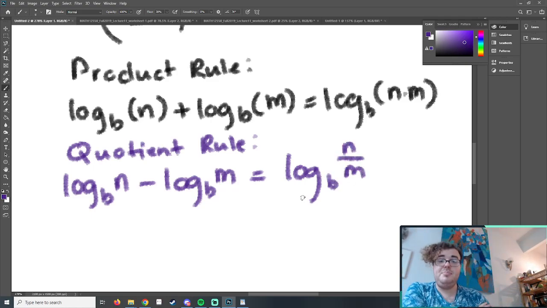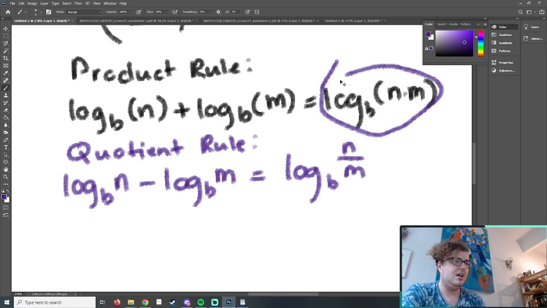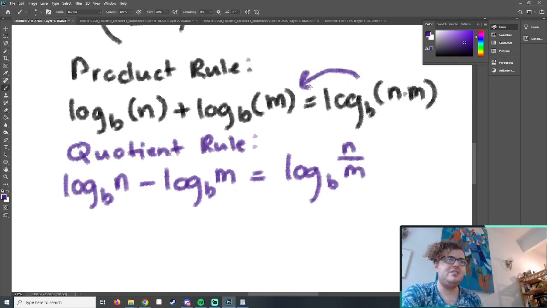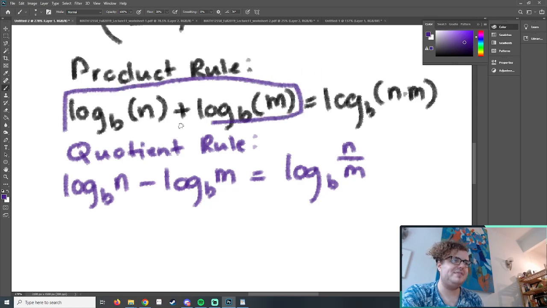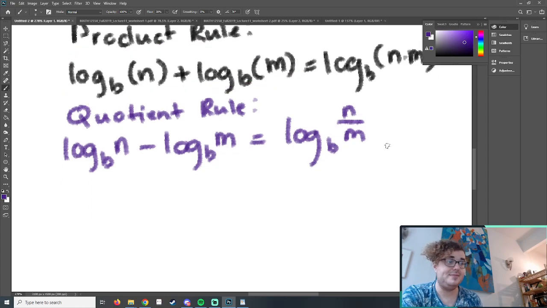Notice the only thing that b is doing in this is that it has to be the same for the two logarithms that are being added or subtracted in order for the rule to apply, right? So if you're using the rule from the right side to the left side, like breaking up or expanding that logarithm, then you don't really have to worry about it. Just keep that base the same for those things. But if you have two logarithms added together, make sure they have the same base if you're going to try and use this rule. Otherwise, you can't.